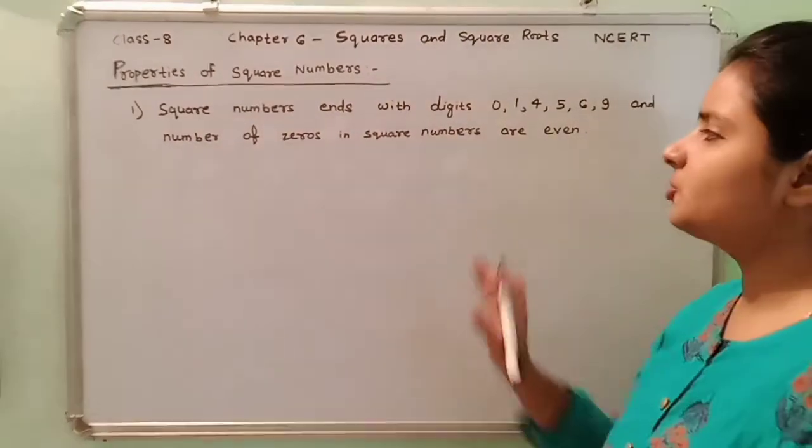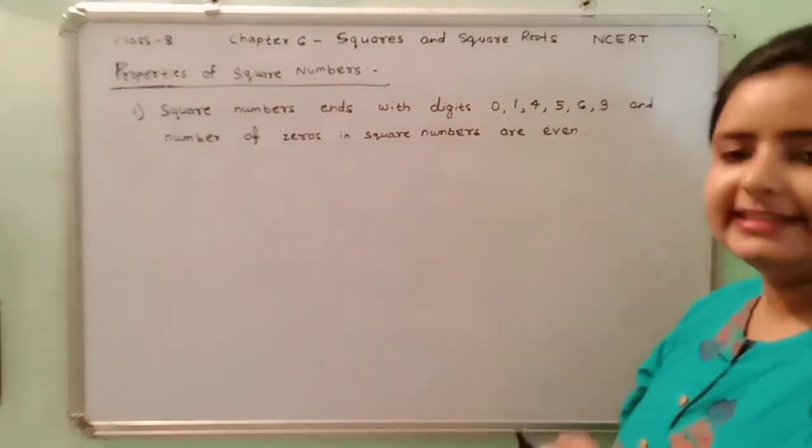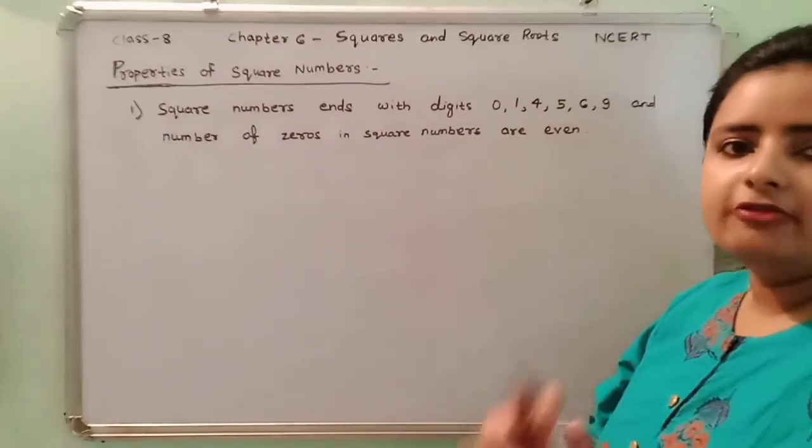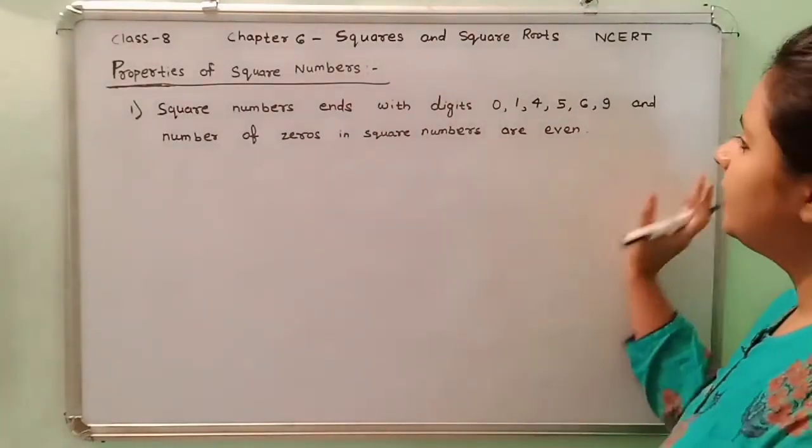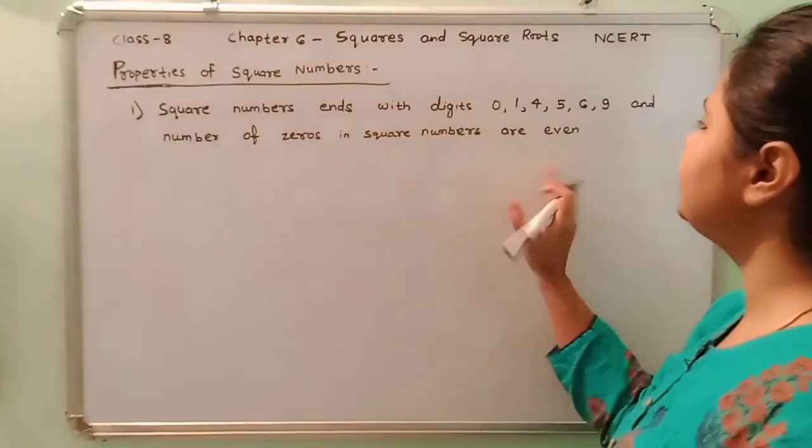Property number 1 is saying square numbers end with digits 0, 1, 4, 5, 6 and 9 and the number of zeros in square numbers is even.